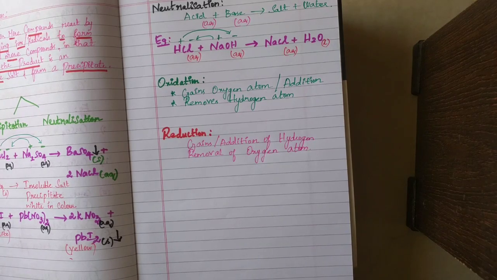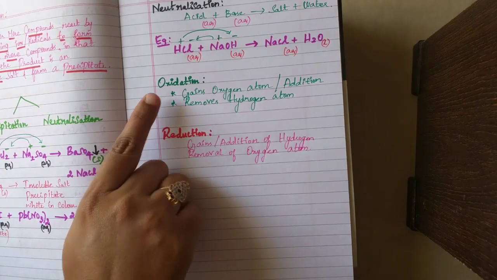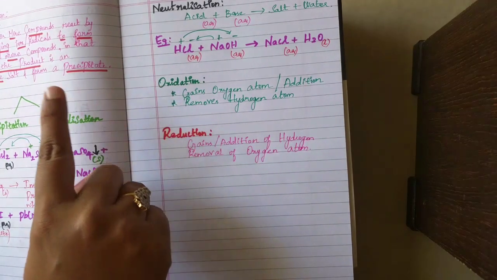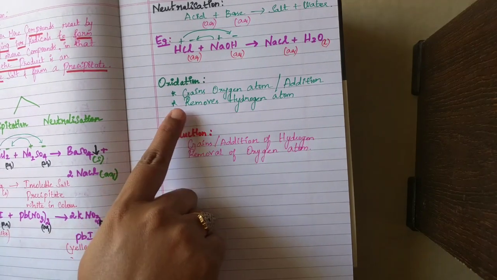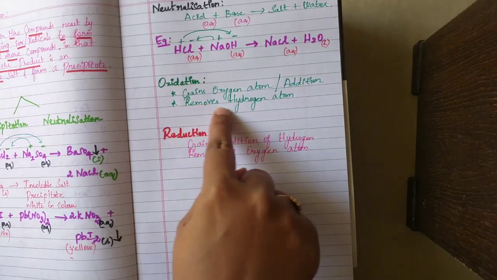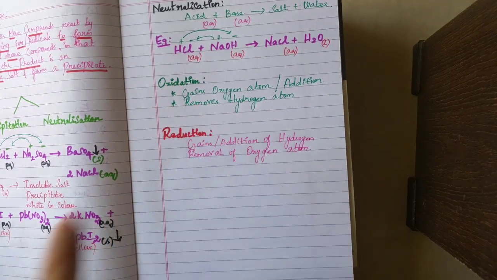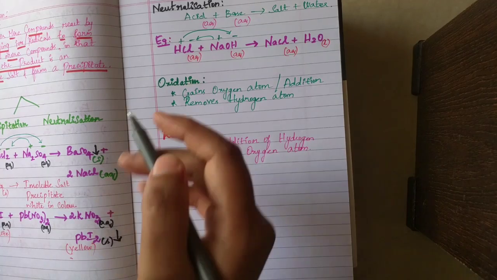Okay. One more thing is the agent. I am giving one clue. Oxidation means the agent is the opposite, that is a reducing agent. In oxidation, the substance acts as a reducing agent.